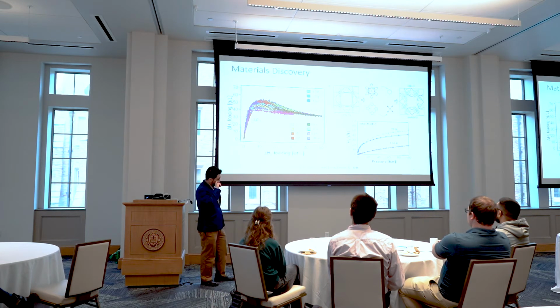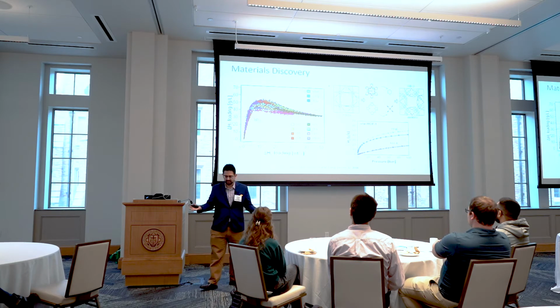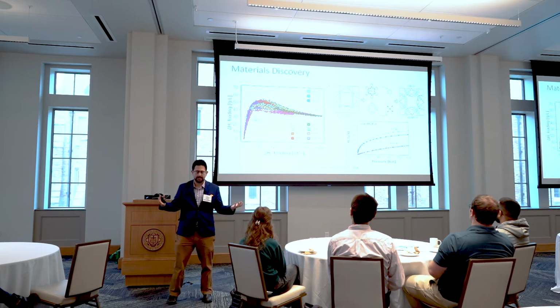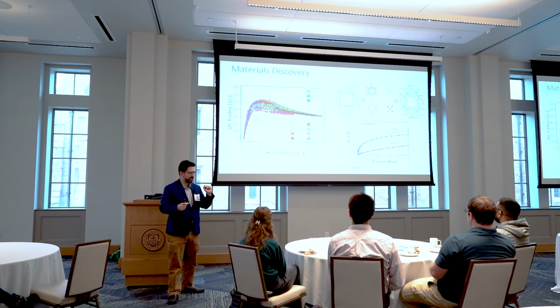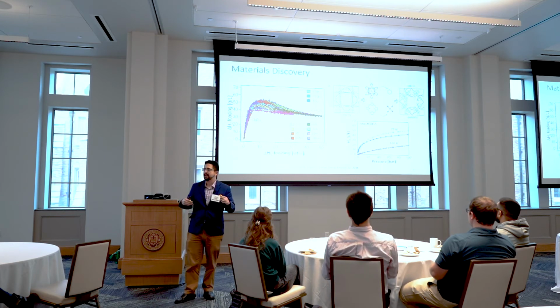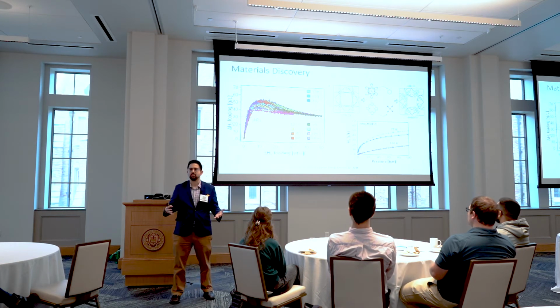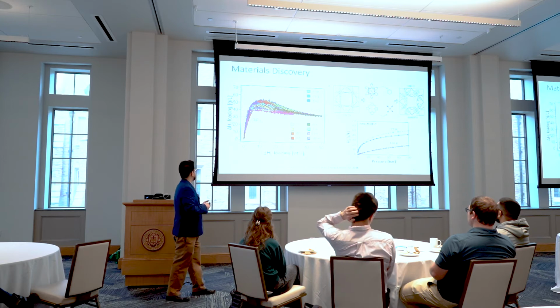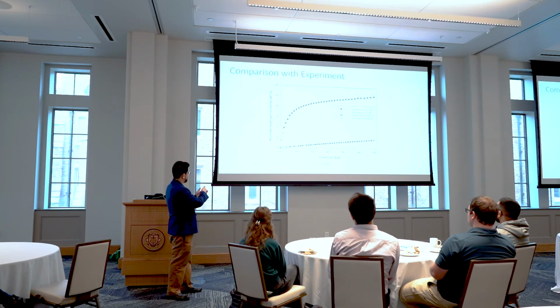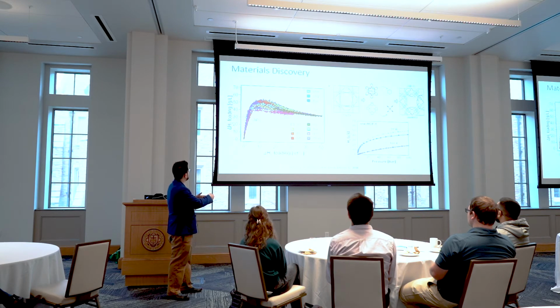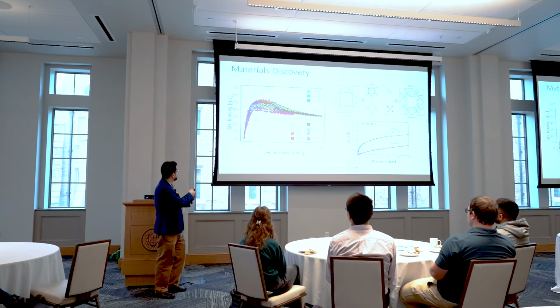Okay, so once we have this workflow established, where we know we can get accurate simulations, we know how to do it, then we get into this idea of high throughput. How do we do this so that we can really explore these material landscapes? So here I'm plotting the deliverable volumetric, deliverable gravimetric hydrogen at 77 Kelvin and 100 bar.